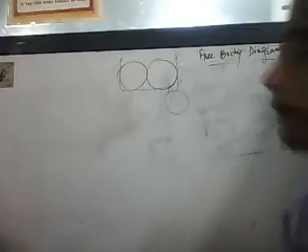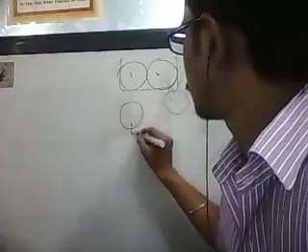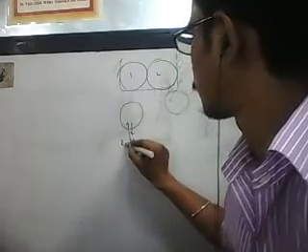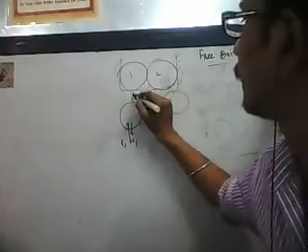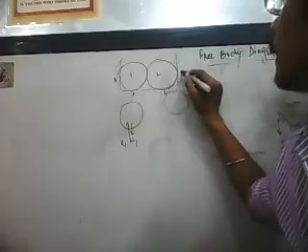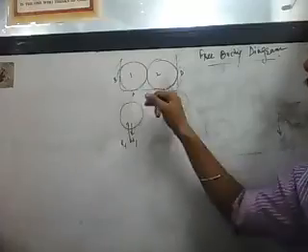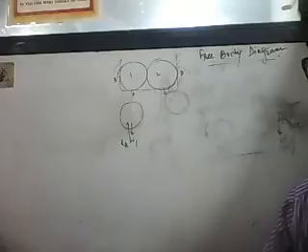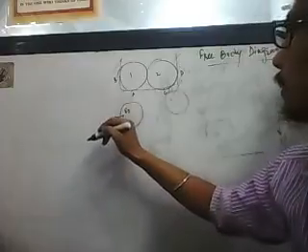The FBD of ball one will be like this: W1 in the downward direction, and the reactions. Suppose the four contacting points are A, B, C, D. This reaction will be RA, this reaction will be RB.